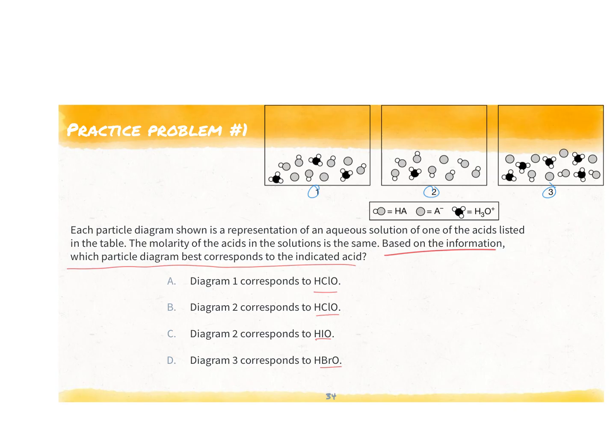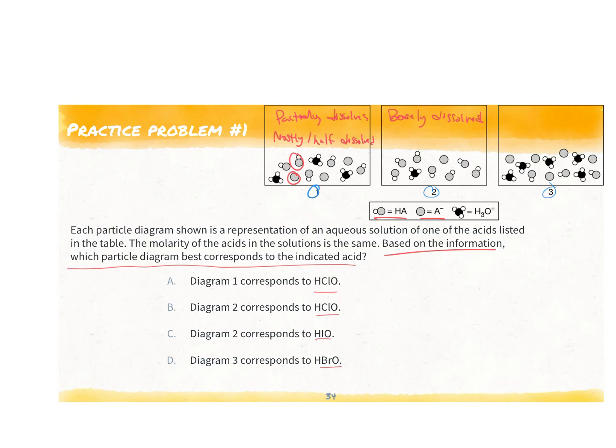In diagram 1, it looks like it's partially dissolved. The reason I say that is because I have some HA and some A minus. But I still have both of those in there. But it looks like it's mostly, if not halfway, dissolved. In diagram 2, this looks like it's barely dissolved.